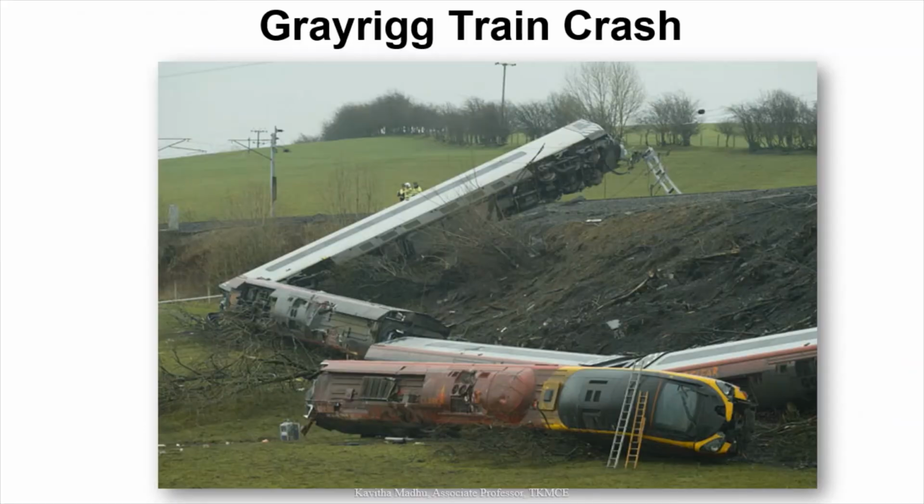This is a Grayrigg train crash which was caused by a defective point, and later when they inquired, they found the train was travelling at a speed of 153 km per hour, and these stretcher bars were missing, which led to this accident.